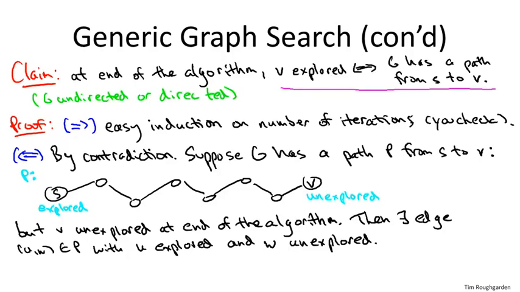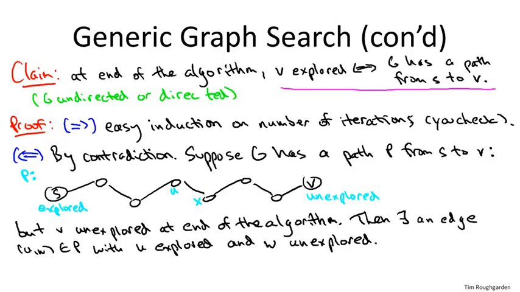That's totally fine. But now in this case, there's something I need you to explain to me. How is it possible that, on the one hand, our algorithm terminated, and on the other hand, there's this edge, U comma W, where U has been explored and W has not been explored? That, my friends, is impossible. Our generic search algorithm does not give up. It does not terminate unless there are no edges where the one endpoint is explored and the other endpoint is unexplored.